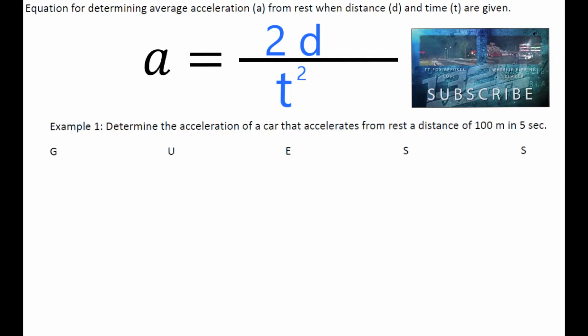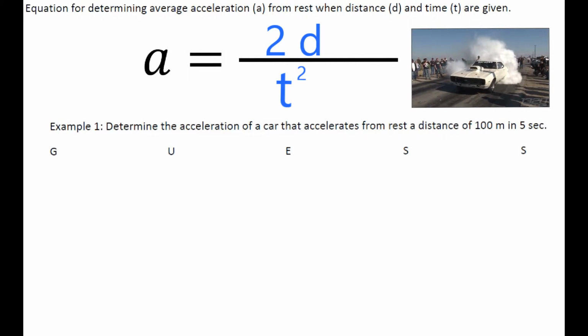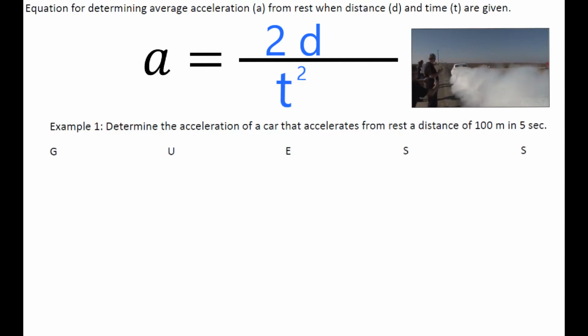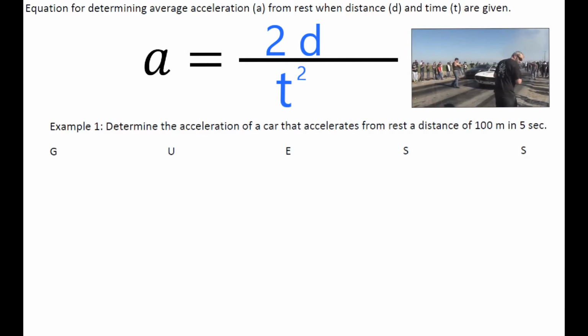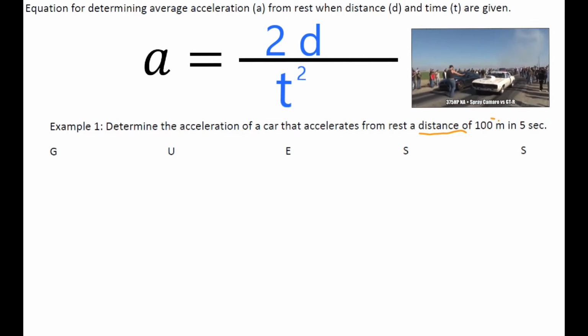So let's go through the GUESS method, starting out with our G, our given. So our problem says, determine the acceleration of a car that accelerates from rest a distance of 100 meters in 5 seconds. So reading through this, we can determine that our given is a distance of 100 meters.